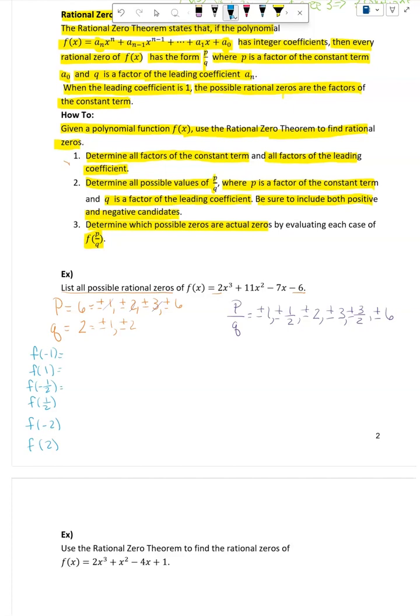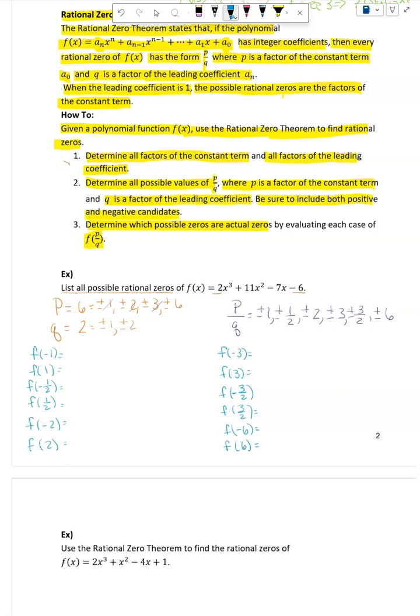We're going to see what all of these equal. And then over here, f of negative 3, f of 3, f of negative 3 halves, and f of 3 halves, f of negative 6, and f of 6.